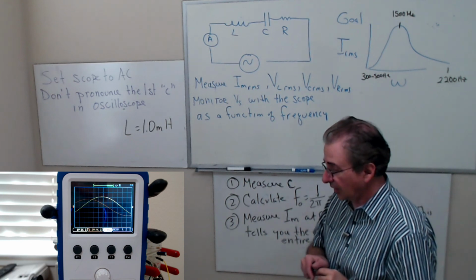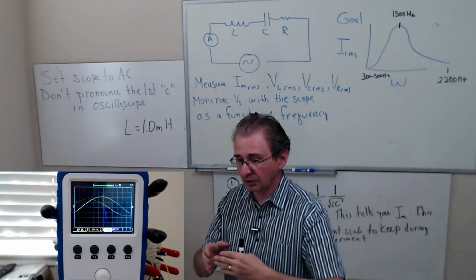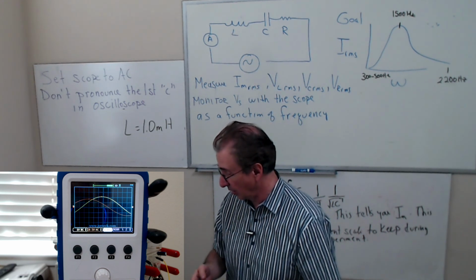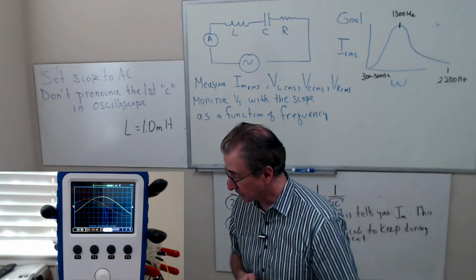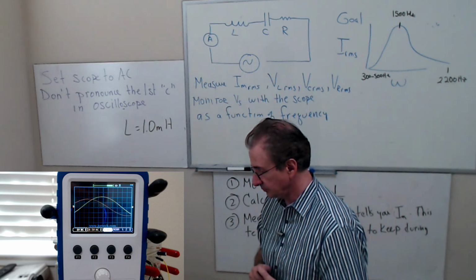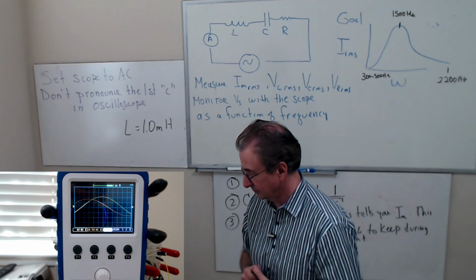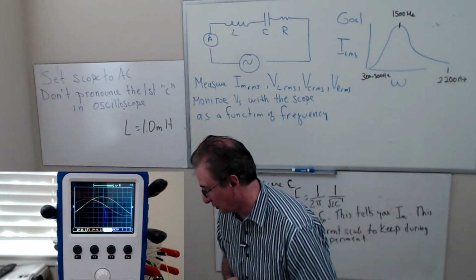And so the next question is, what should your step size be? Should I go 300 and 400 and 500 and 600 and 700? I'm going to say no. Your step size has to change. Why? You're right, the slope isn't constant.